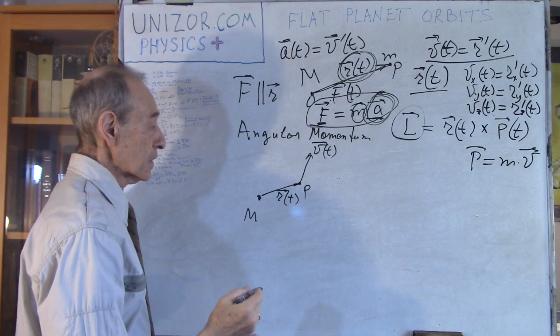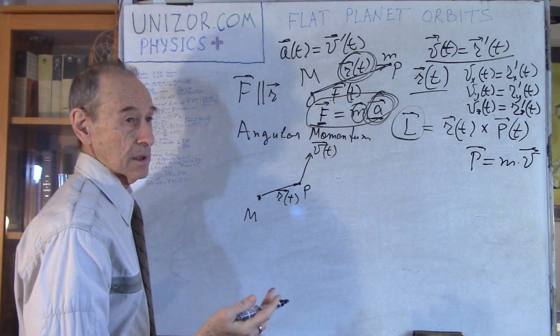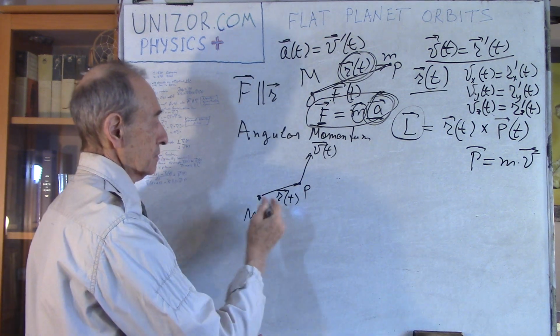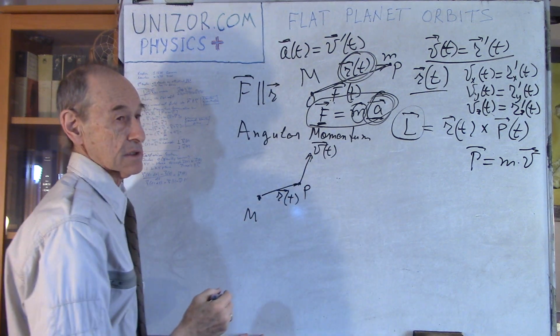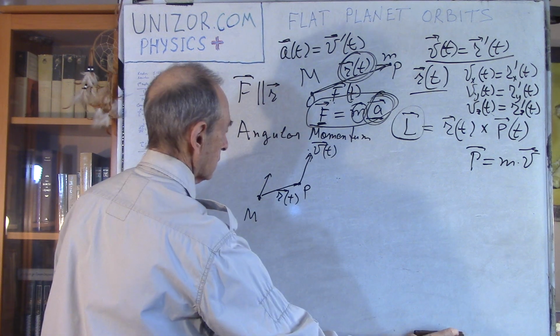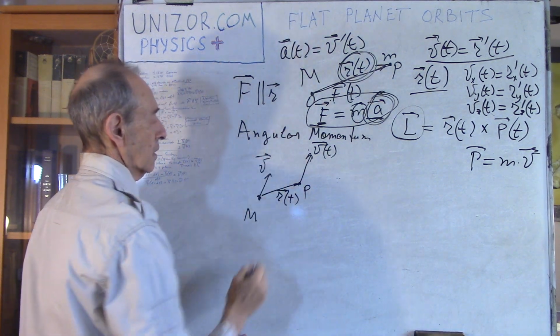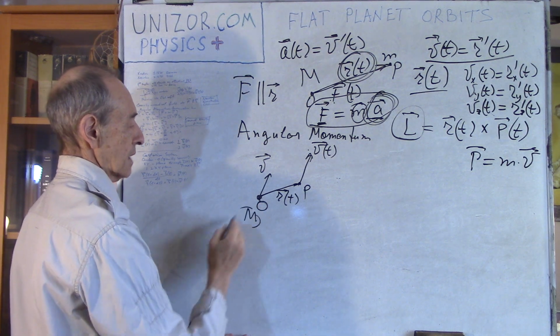So I can always have a plane which contains these two vectors. I can put this vector again from the central point. That's the same vector, right? So from the origin of coordinates, that's where the mass is.